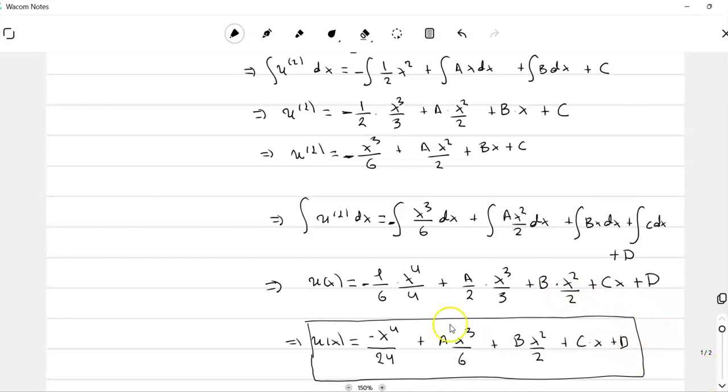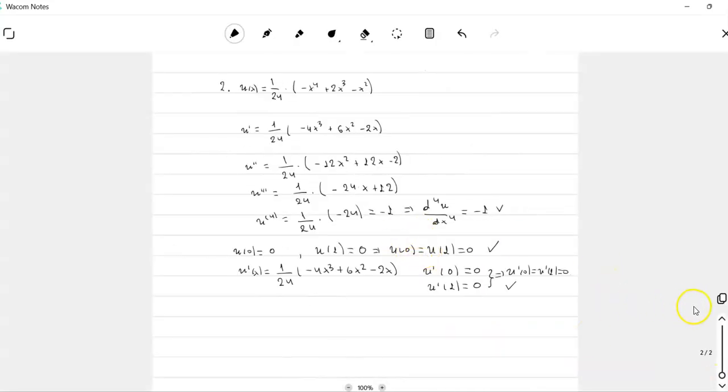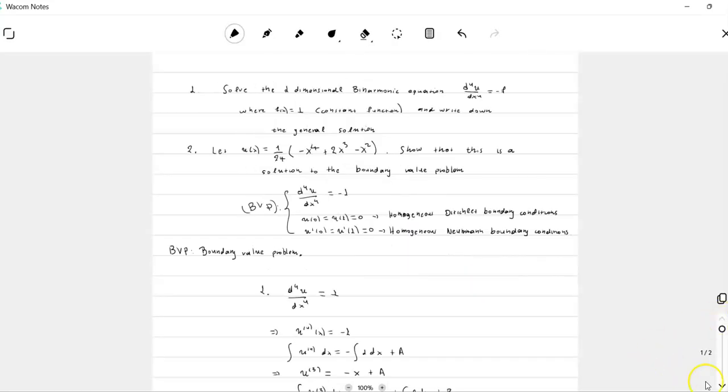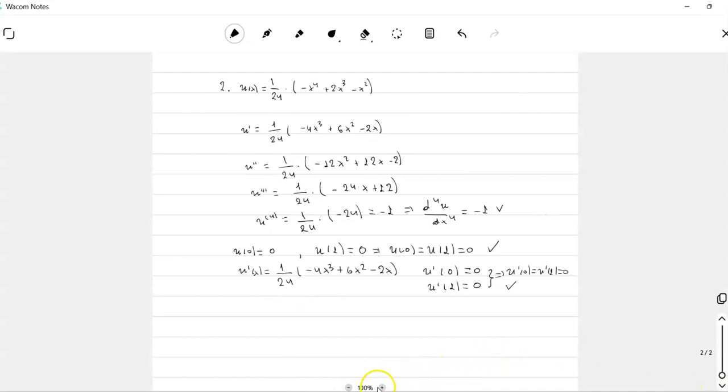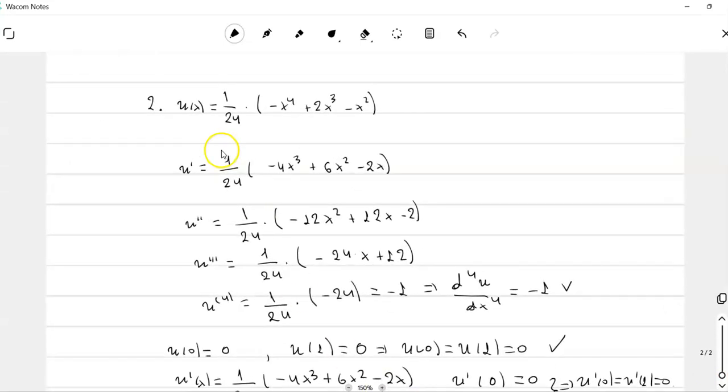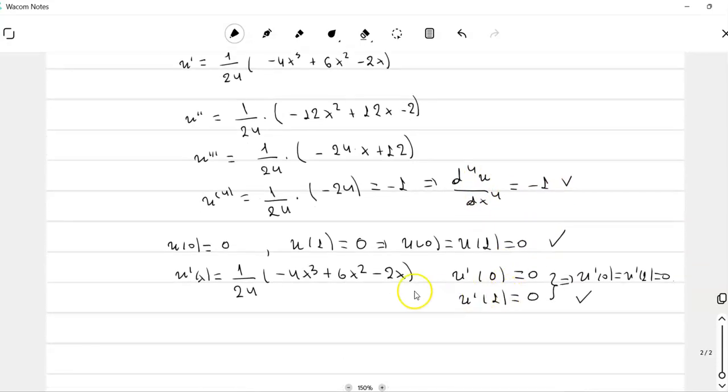And I need only the general solution here. And for the second question, I take my function u, which is given. I compute up to the fourth derivative of the function, and I see that the fourth derivative is equal to minus 1, so the equation is satisfied.